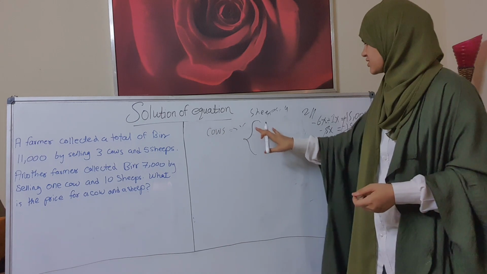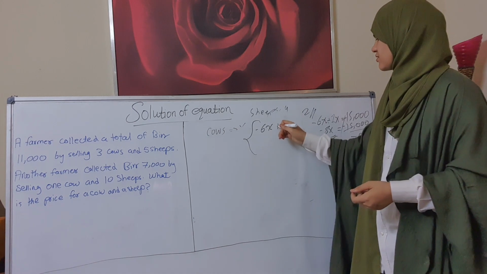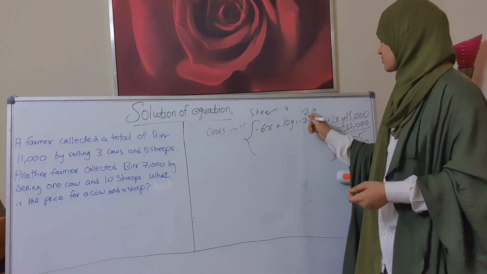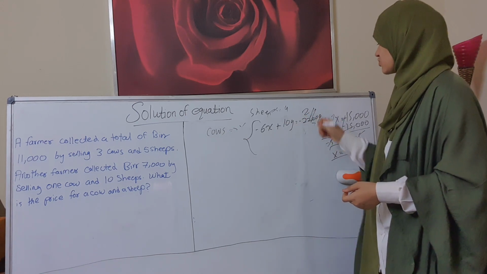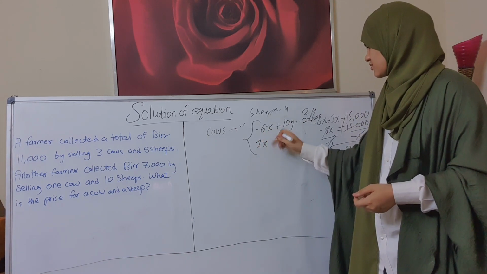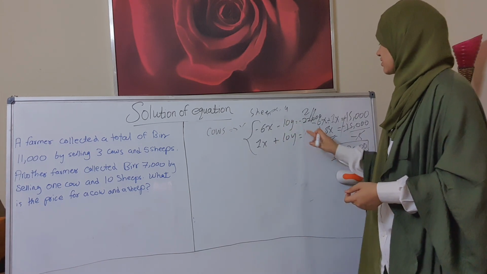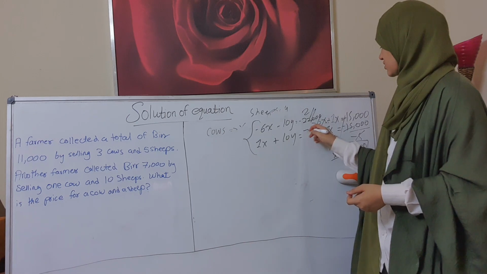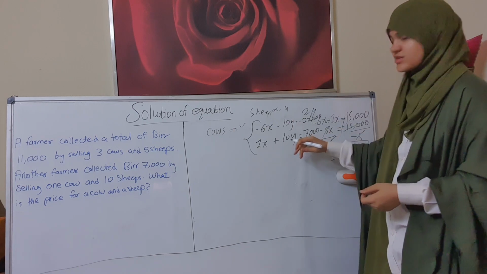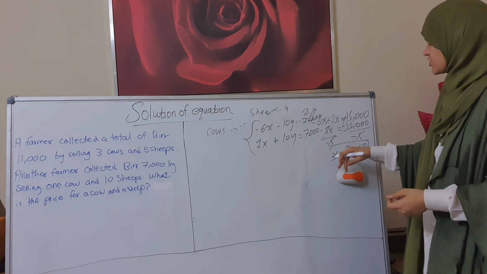What we have here was negative 6x plus 10y is equal to negative 22,000, and here we have 1x plus 10y is equal to 7,000.